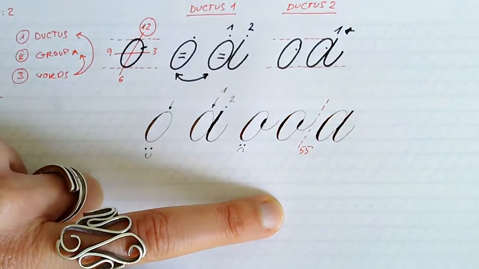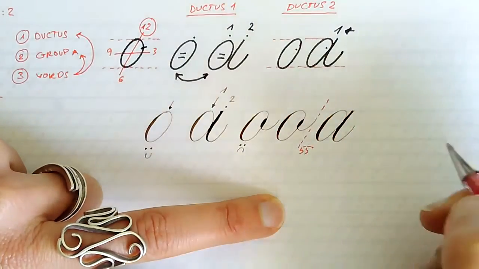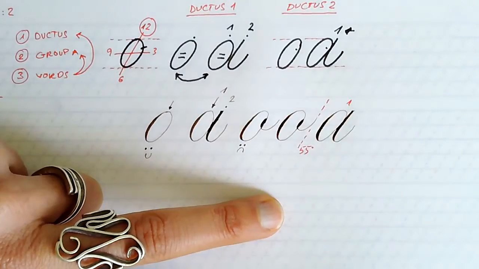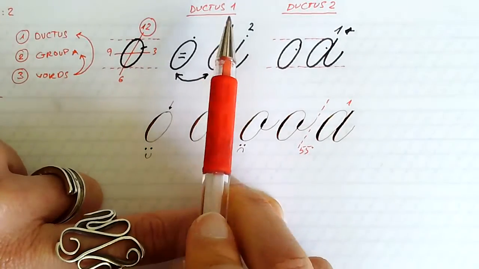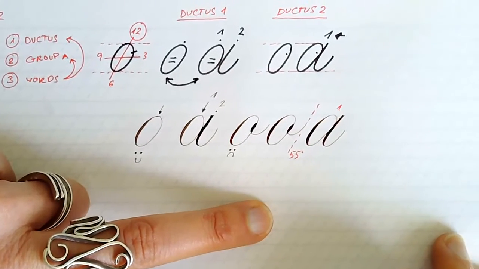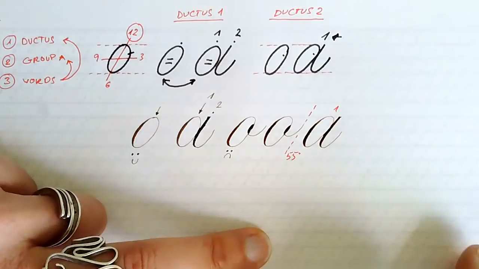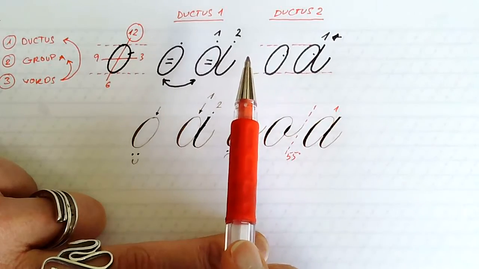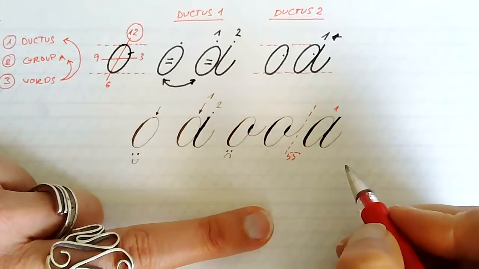And the whole letter form has been done with one single movement. Okay, so you can choose between option 1, option 2. I'm going to do a few examples using the different type of ductus, but for the moment, let's keep going with the group of the A's.